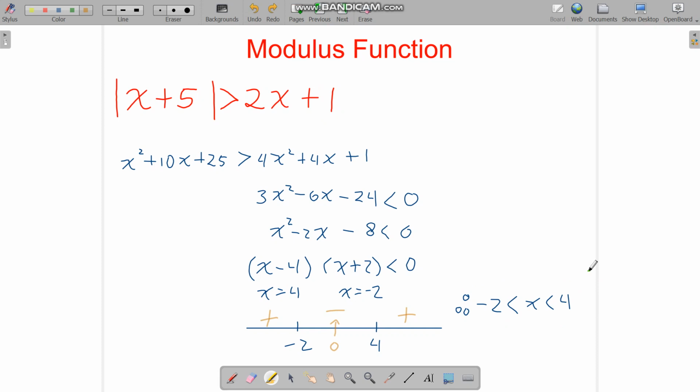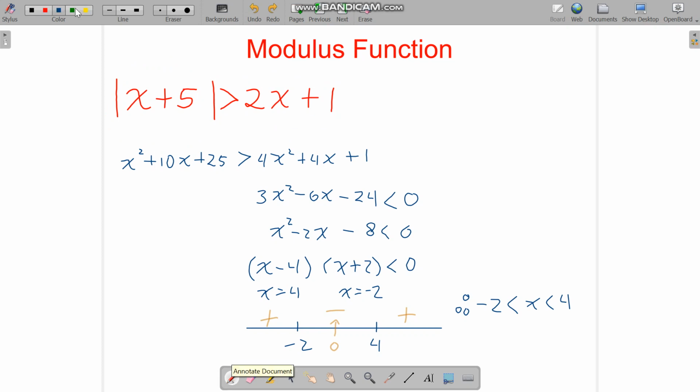And second of all, this is something in modulus on the left side, so it's got to be 0 or positive. This is bigger than whatever is negative. So if 2x plus 1 is negative, of course it'll also be a solution.